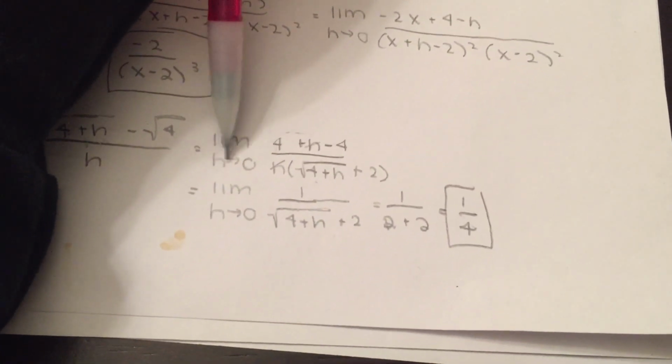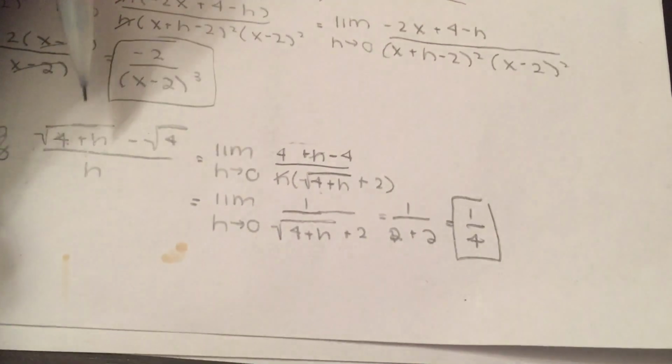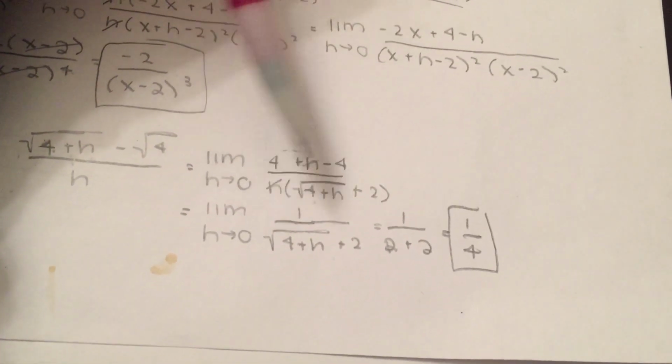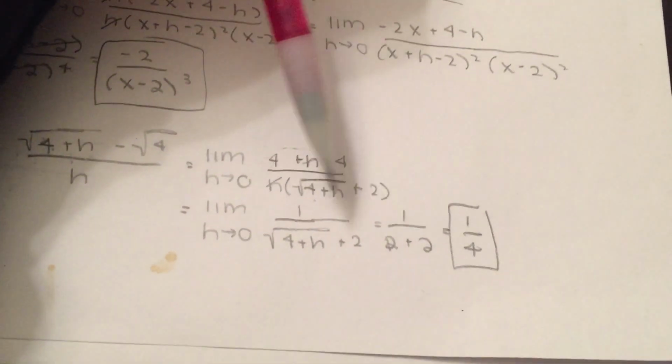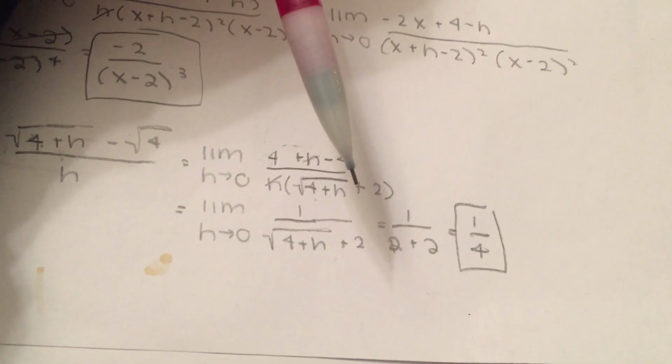But then to solve for the derivative, you have to find the limit as h approaches 0 of 4 plus h minus 4, all over h times (square root of 4 plus h plus 2).